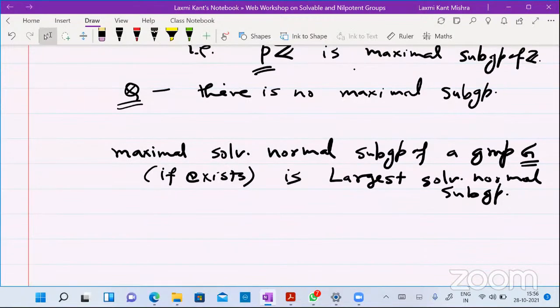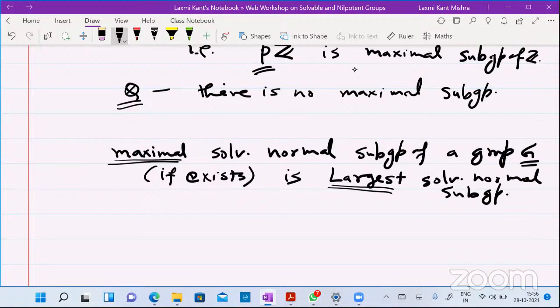That means there is no other proper subgroup of G which contains that subgroup. What is the difference between a maximal subgroup and the largest subgroup? Maximal subgroups may not be unique, but the largest subgroup is unique.